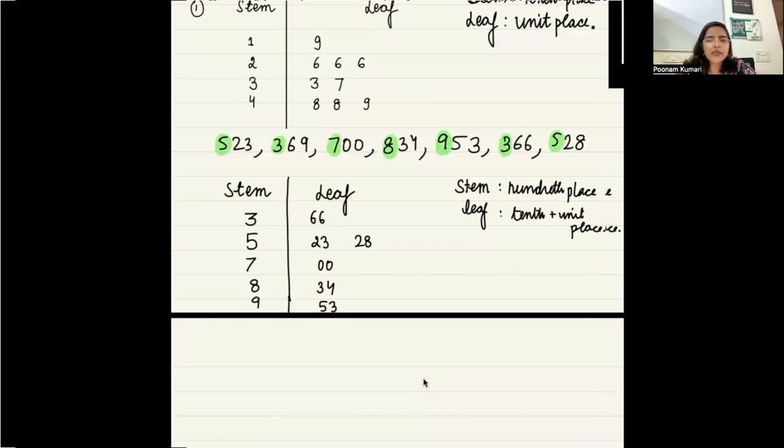So you can take up one example, which is something like, okay, we need a decimal, right?